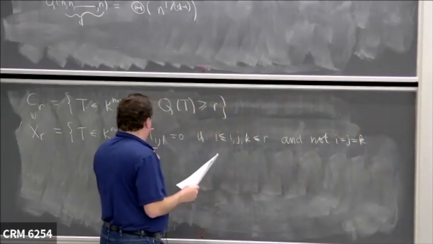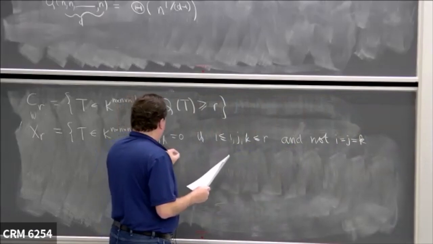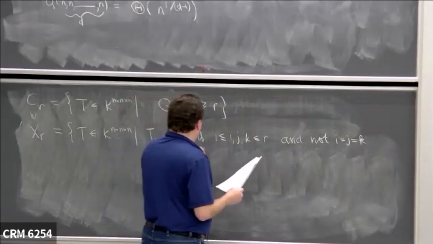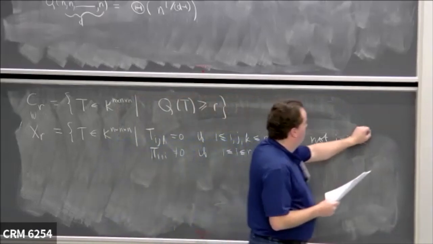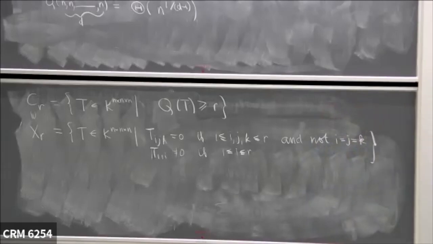And T_iii is not 0 if 1 ≤ i ≤ R. So let me draw this.